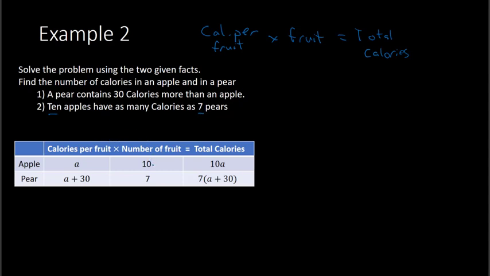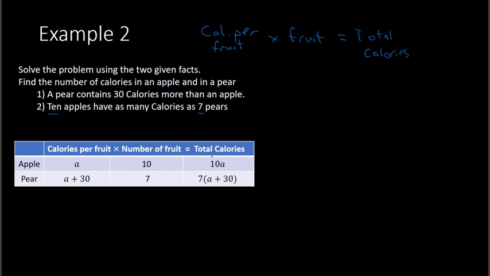So we have 10 apples, 7 pears, and then for the calories per fruit, we know that a pear contains 30 calories more than an apple. So if A is our apple calories, then A plus 30 would be our pear calories. So we filled in this part of the table.